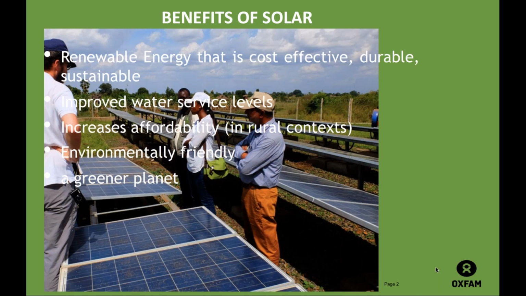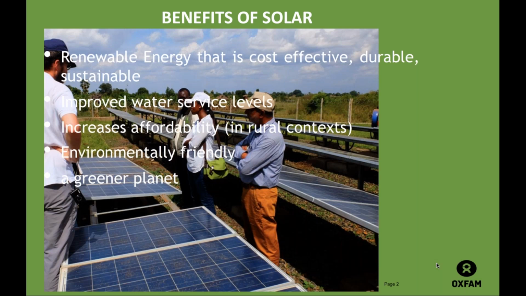It also increases affordability of water at rural community level. Since solar is free, has zero operating cost and very minimal maintenance cost, it contributes towards cheaper water. And we have seen rural communities that have halved the price of water upon installation of a solar water pumping system. Solar is also environmentally friendly, does not emit any pollutants, and so it can be used for combating climate change.